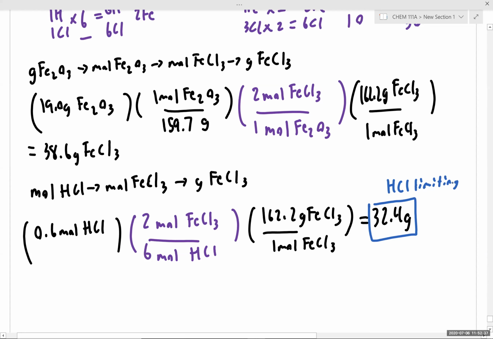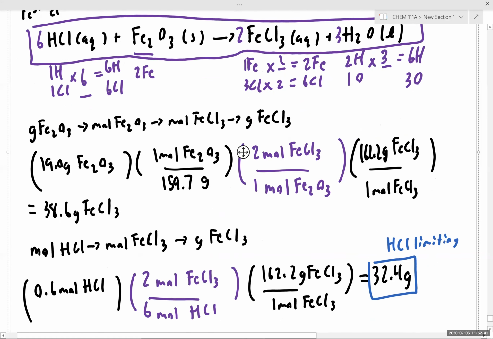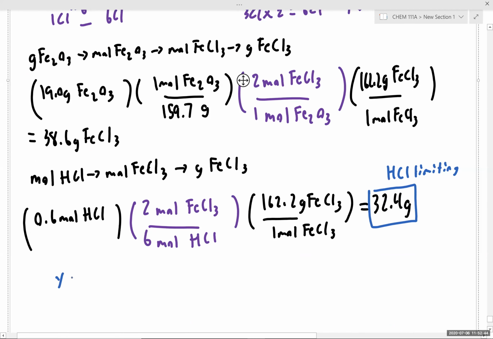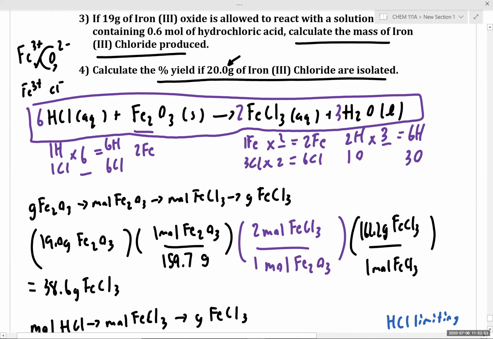So if we want to calculate our percent yield, our percent yield is our actual yield, which is 20.0 grams. Where did we get that number? We're given that in the problem.